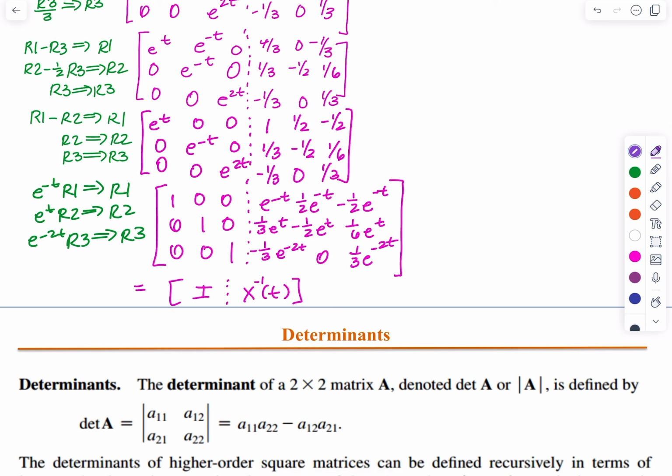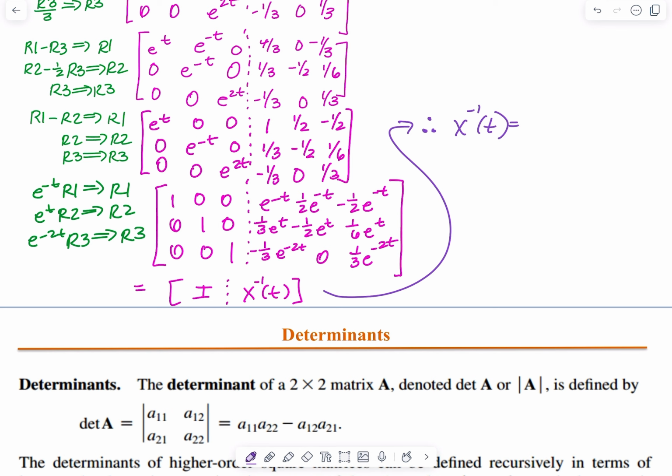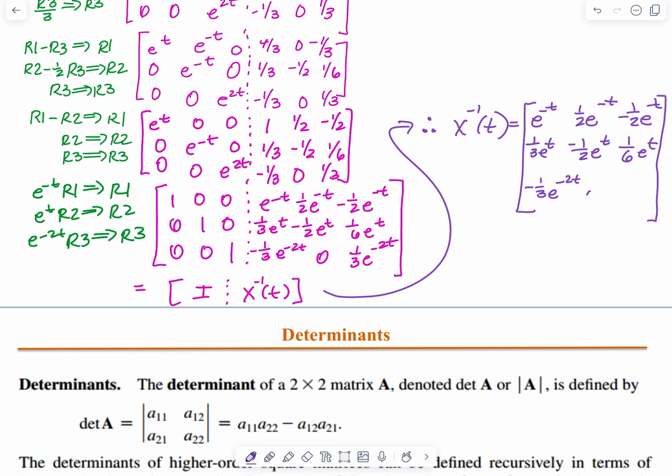So therefore, x inverse of t is equal to e to the negative t, 1/2 e to the negative t, negative 1/2 e to the negative t, 1/3 e to the t, negative 1/2 e to the t, and 1/6 e to the t, negative 1/3 e to the negative 2t, 0, and 1/3 e to the negative 2t.